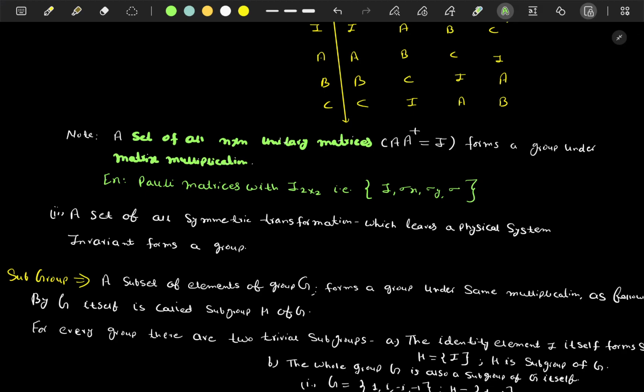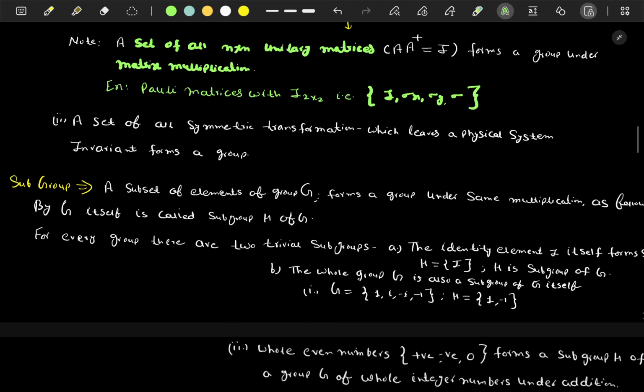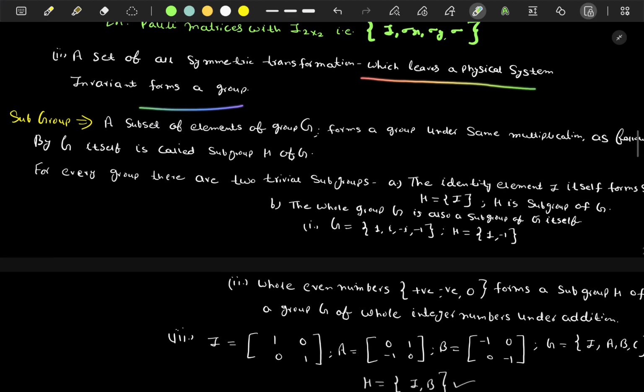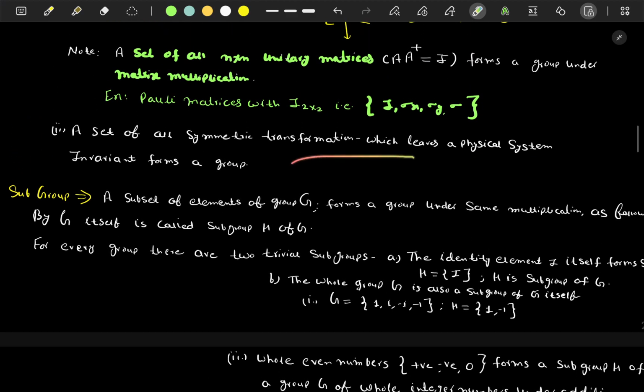Pauli matrices of I2 cross T is also a group. Symmetric transformation. So just remember these examples. It can be asked in statement form in MCQ type questions. A set of all symmetric transformations which leaves a physical system invariant forms a group.